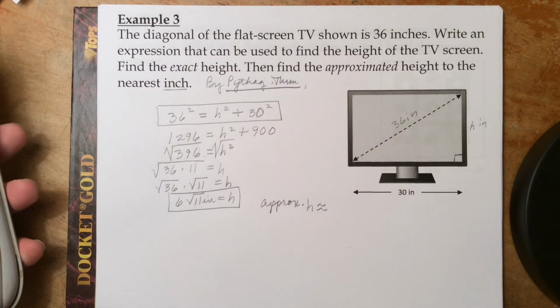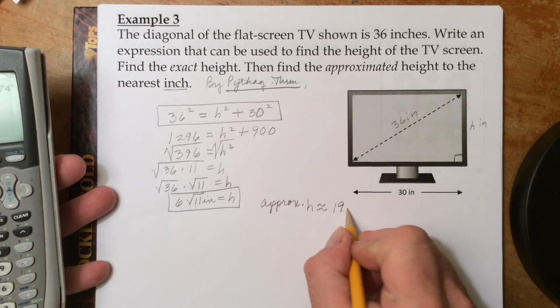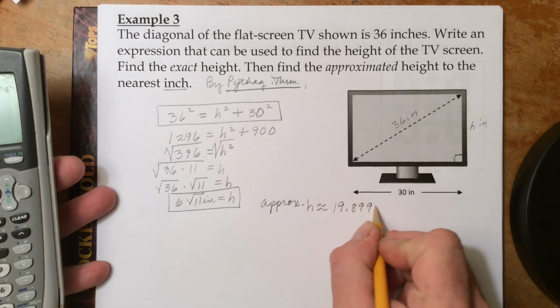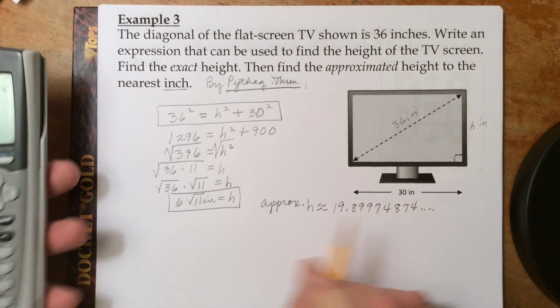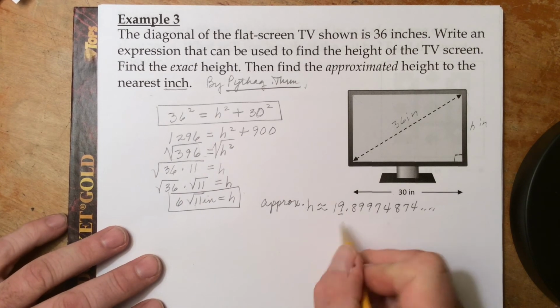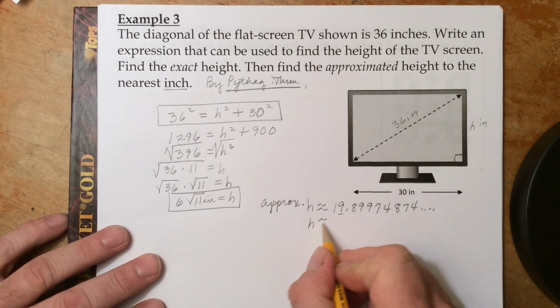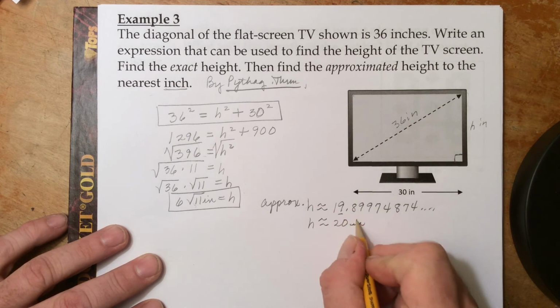So I'm going to put in the square root of 396. And that gives me approximately 19.89974874 and so forth. They wanted us to round to the nearest inch, so that would be the ones place. So the approximate height of this television would be 20 inches.